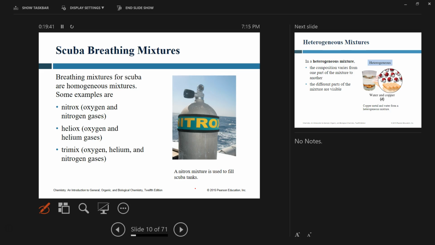Now, mixtures. So these homogeneous mixtures, we gave a lot of examples from air to, well, vodka. But one of the important applications, if you're scuba diving, is gas mixtures. Those fellas that dive underwater sometimes breathe air, but mostly it's a special mix of oxygen and nitrogen and often helium gases.